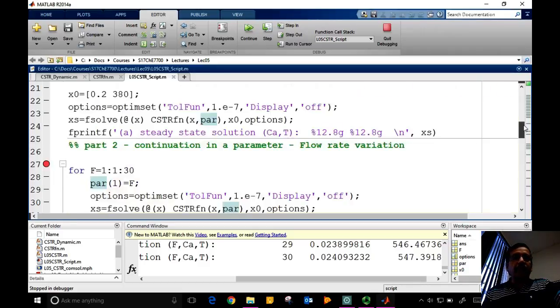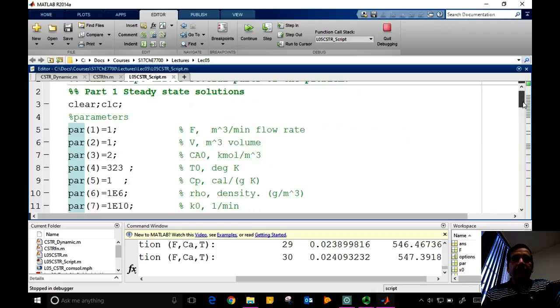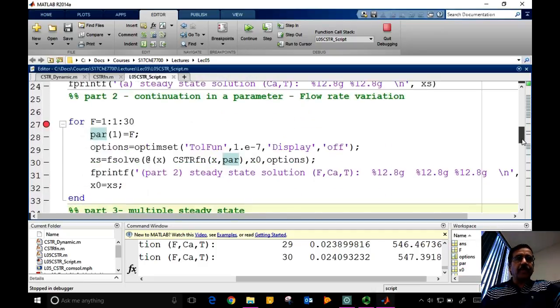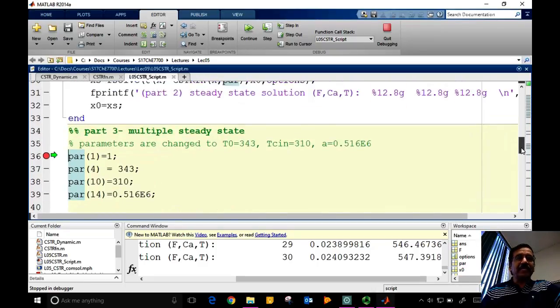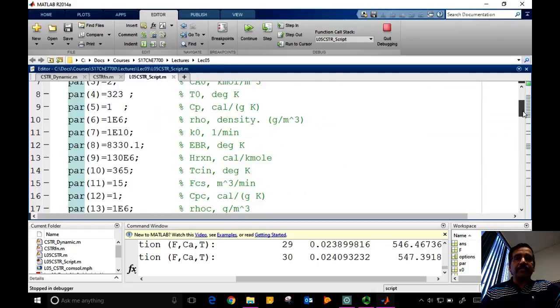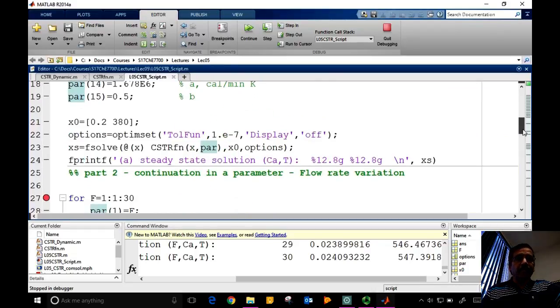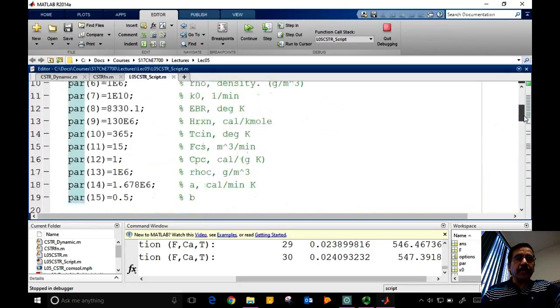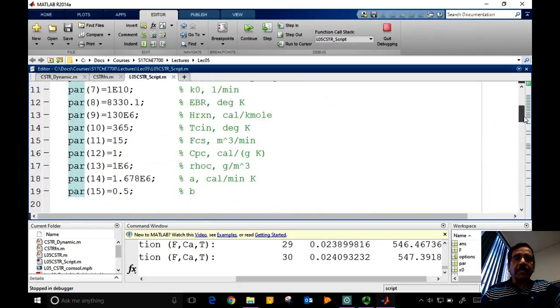Parameter 4 is the T0, so that's an inlet temperature, right? And parameter 10 is 310, and parameter 10 is a cooling water temperature. Inlet temperature, cooling water temperature, and parameter 14 is one of the coefficients in the correlation for heat transfer.